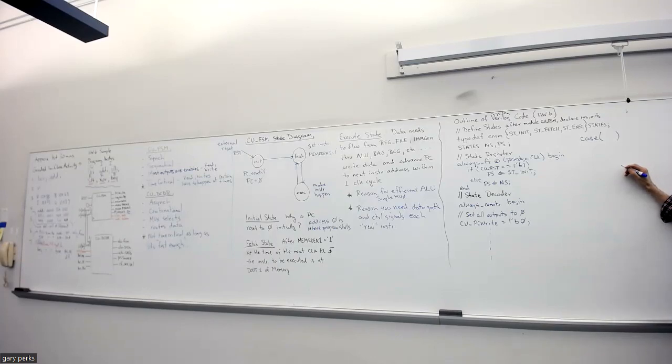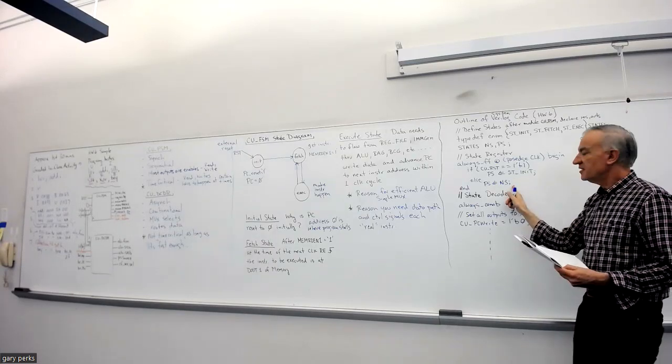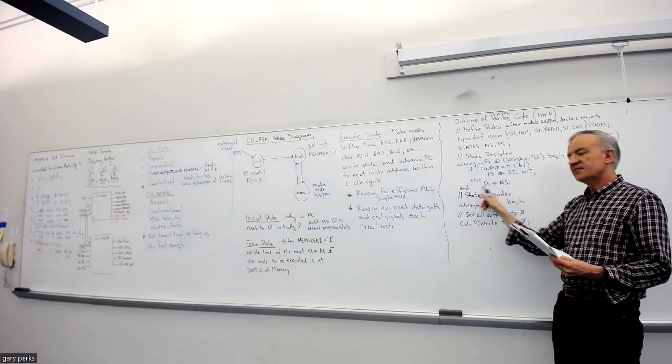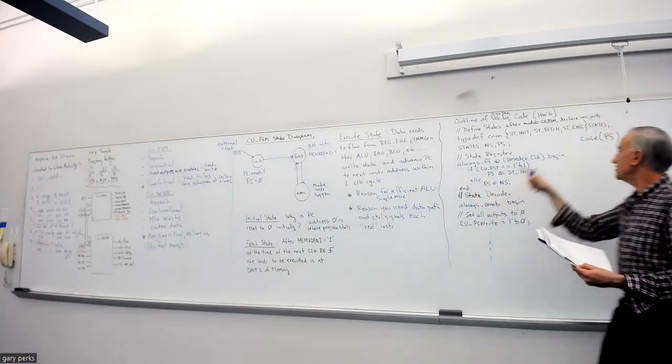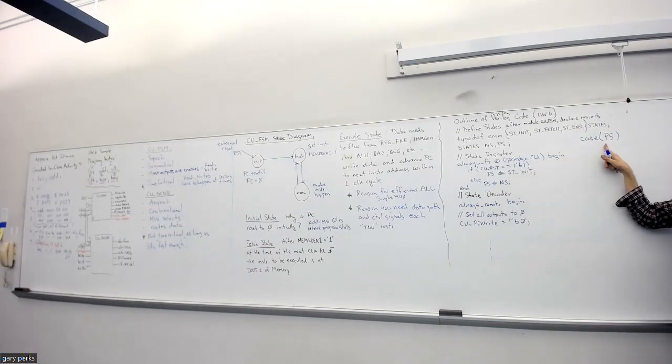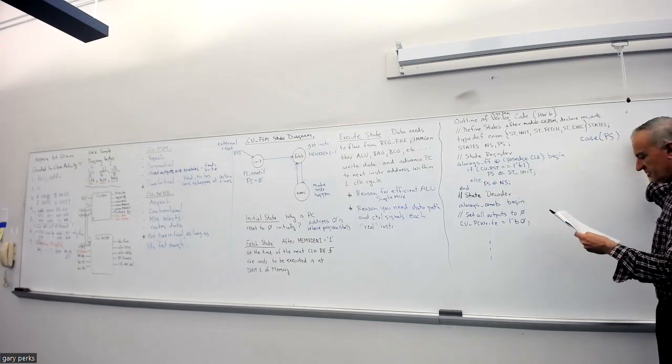The state. Not the next state, but the present state. When present state gets assigned to next state, that's when it goes and evaluates the case. So it's case PS.